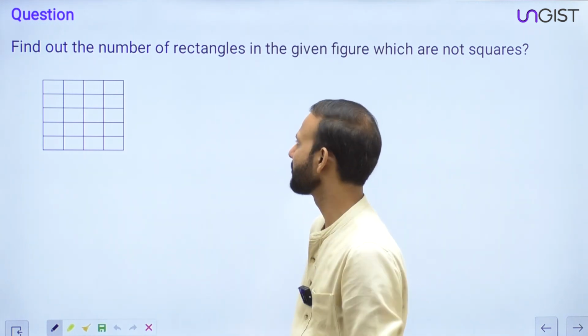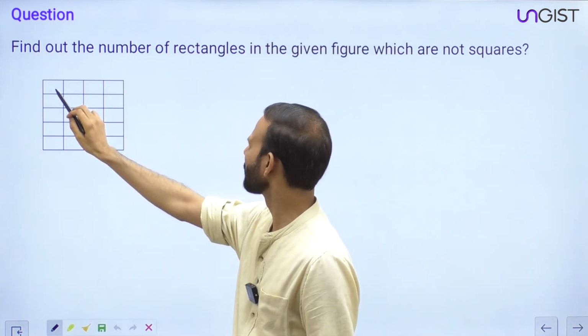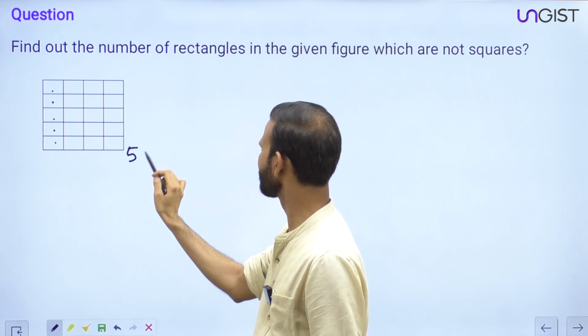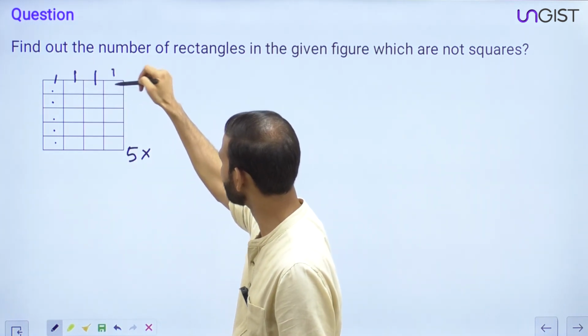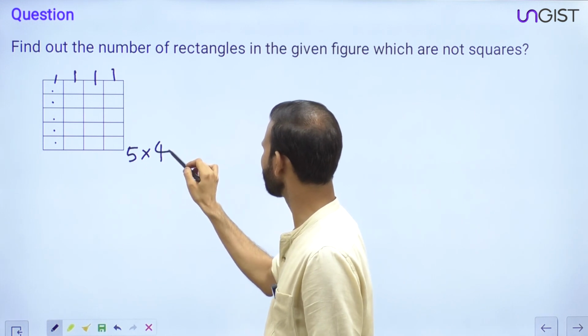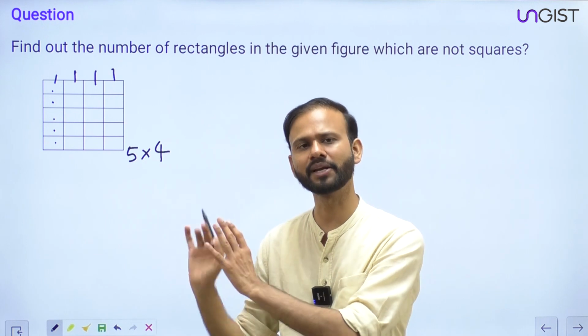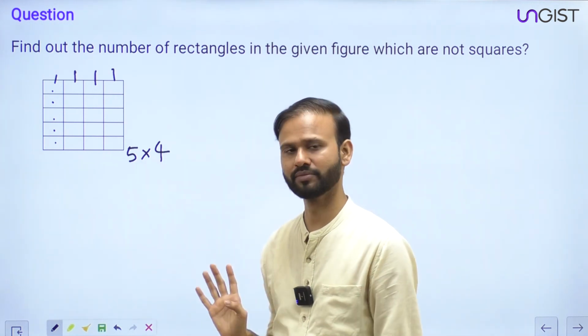But this time it is not 5 by 5. If you count, the number of rows is 1, 2, 3, 4, 5, and the number of columns is 1, 2, 3, 4. So this is not a square grid, this is a rectangular grid of 5 by 4, right?